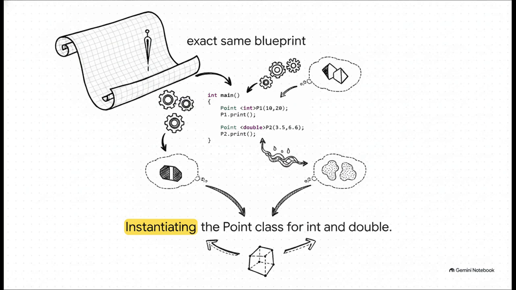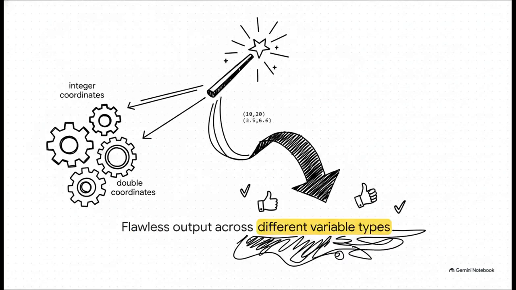We've got two completely different objects, all spun up from the exact same blueprint. And the output proves the magic is real. We get our integer coordinates 10 and 20, and our double coordinates 3.5 and 6.6, all running flawlessly across totally different variable types. I don't know about you, but seeing code run this cleanly and efficiently is just incredibly satisfying.